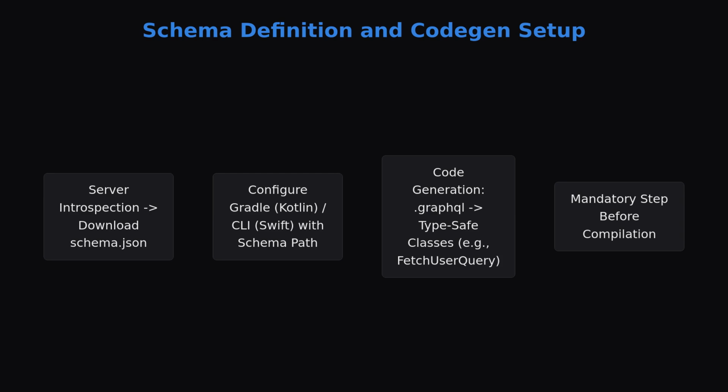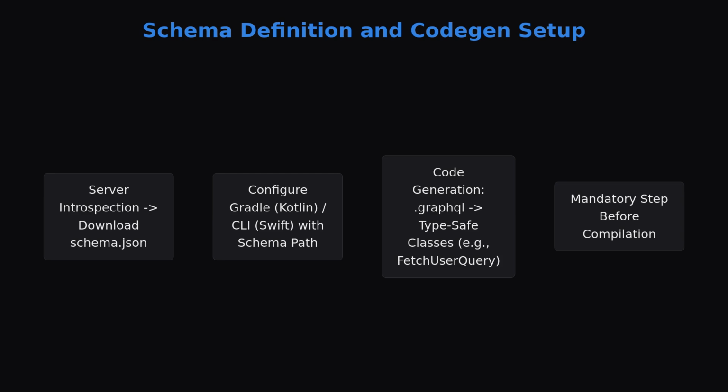Simultaneously, you must specify the directory containing all operation documents, which are the .graphql files defining your queries and mutations. On the iOS and Swift side, the Apollo command line interface tool is integrated directly into an Xcode build phase script to execute the same task.